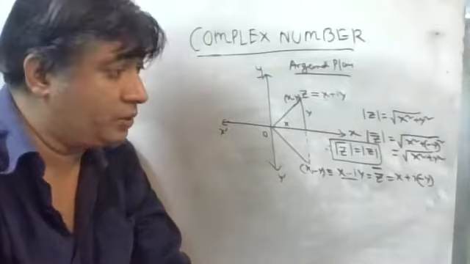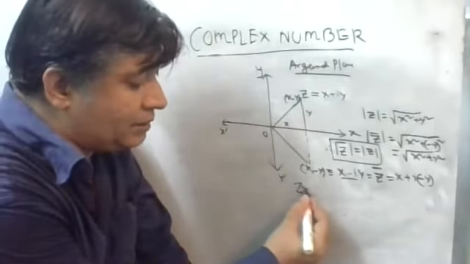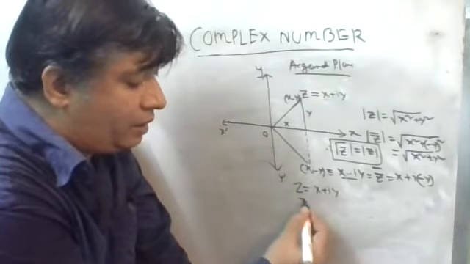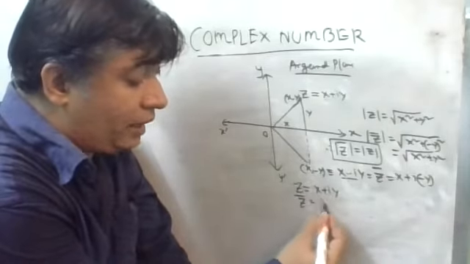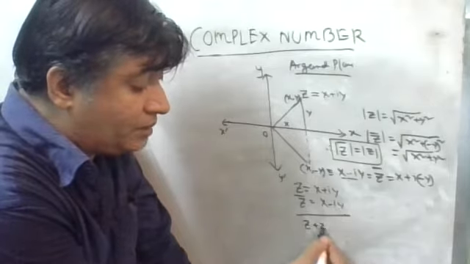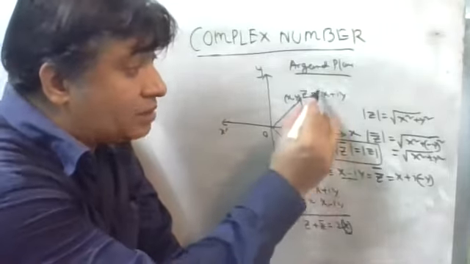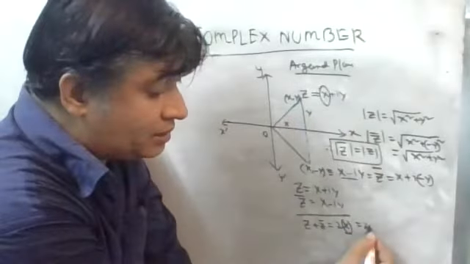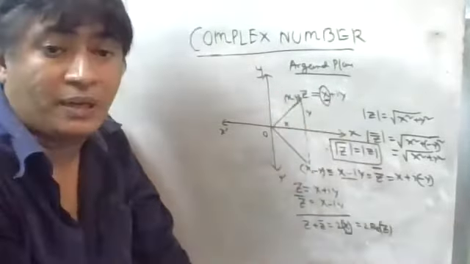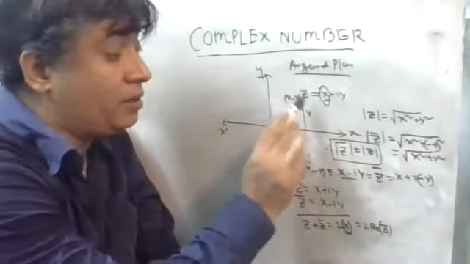Hope you understood. See, say z is equal to x plus iy and z bar is x minus iy. If I add, z plus z bar will give you twice x. Twice x means twice the real part of z. This x is the real part of z because that is actually independent of i.